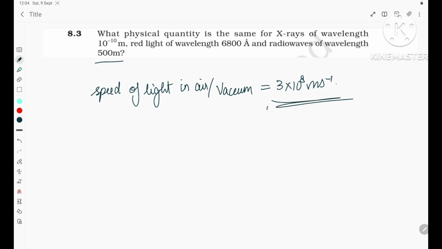So the physical quantity is nothing but the speed of the electromagnetic wave. Instead of light, you can call it the electromagnetic wave.